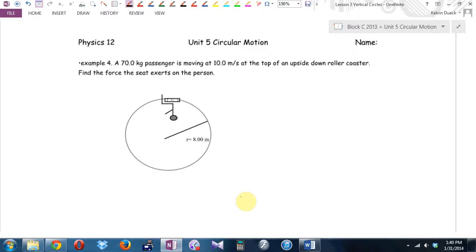What are the forces acting on this person? Get the obvious one. Gravity pointing which way? What else? You said it. You're right. Normal force pointing which way? Down, because they're upside down relative to us. The normal force is also pointing that way.